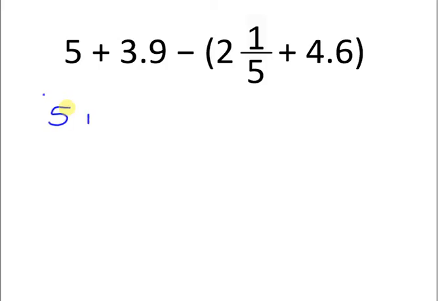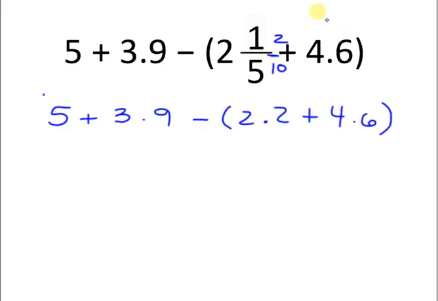So 5 plus 3.9 minus, okay, now I know this 2 is going to go in front of the decimal, and 1/5, okay, is going to be, so 1/5 is, I can make that out of 10, 2/10, so 2.2 plus 4.6. All right, I'm going to write my PEMDAS at the top.